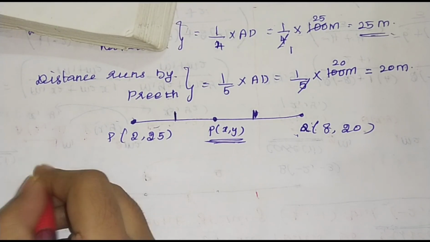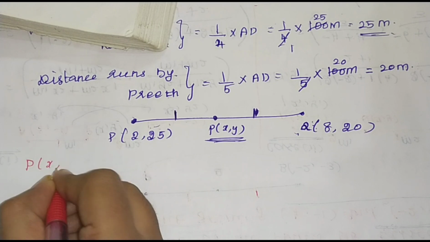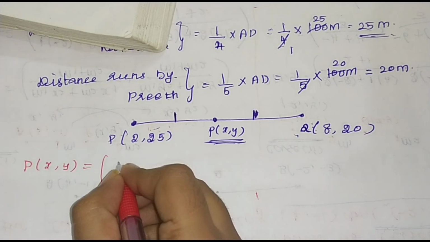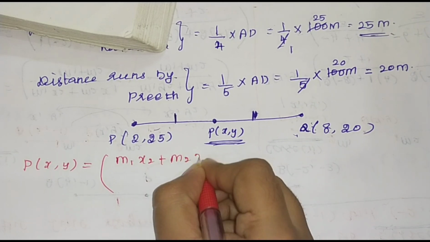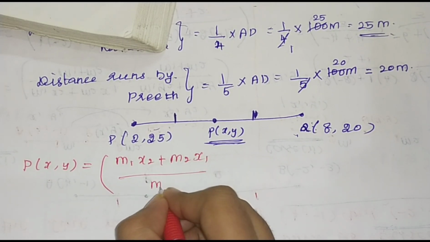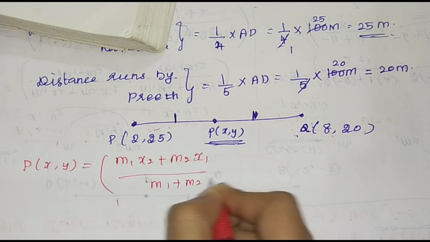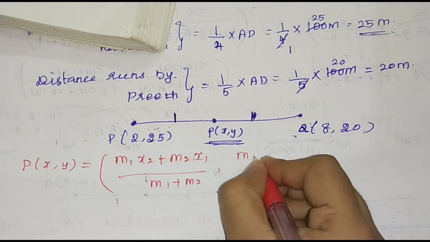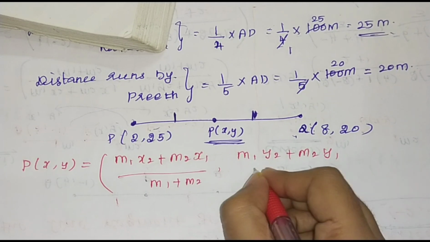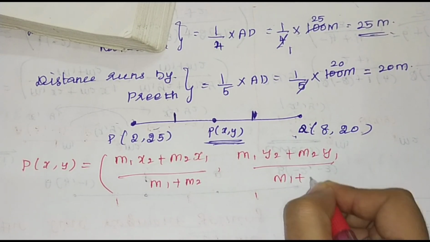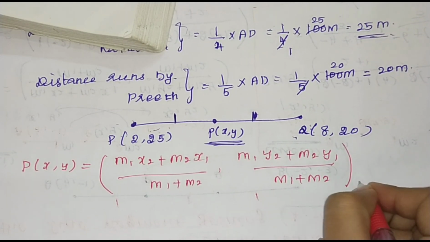The section formula is P(x, y) = ((m1 x2 + m2 x1)/(m1 + m2), (m1 y2 + m2 y1)/(m1 + m2)).